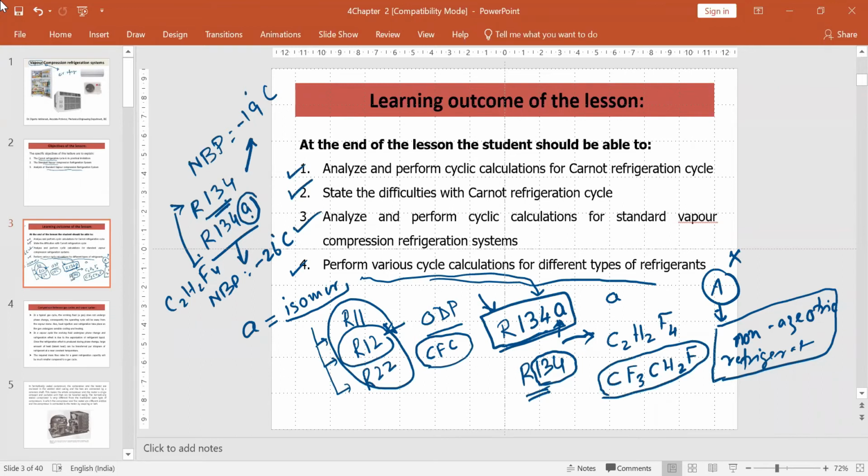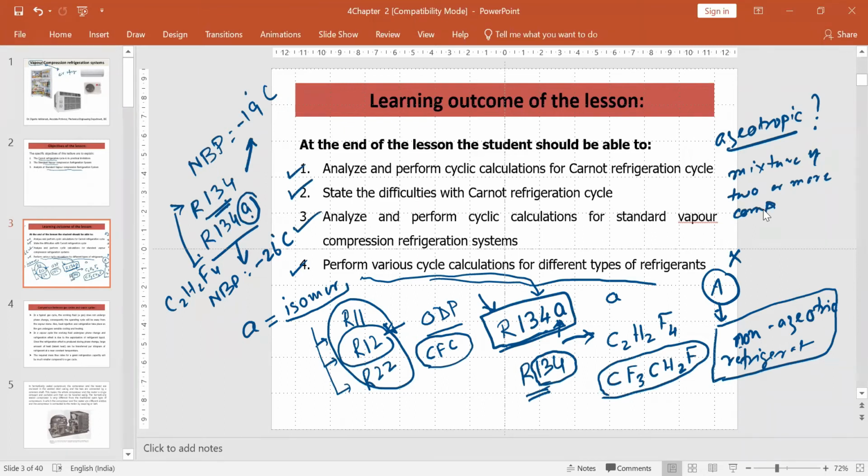Now again, there is a term I mentioned, non-azeotropic. So the question is, what is azeotropic? An azeotropic refrigerant is a mixture of two or more components; it is not a single component.